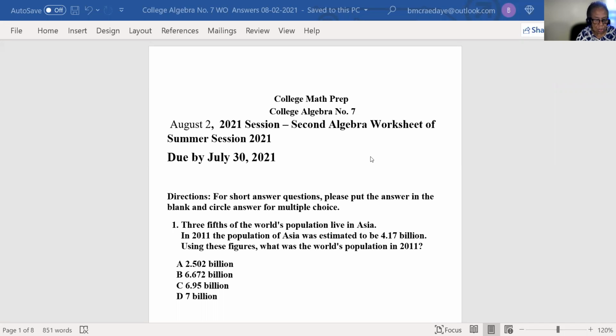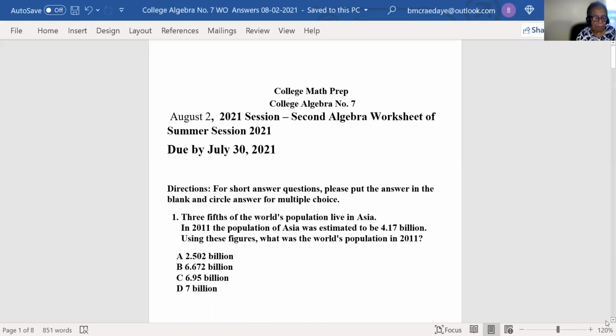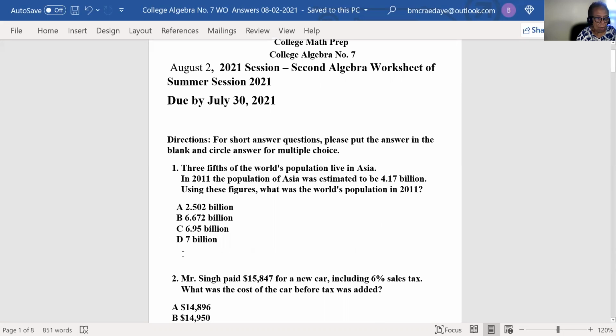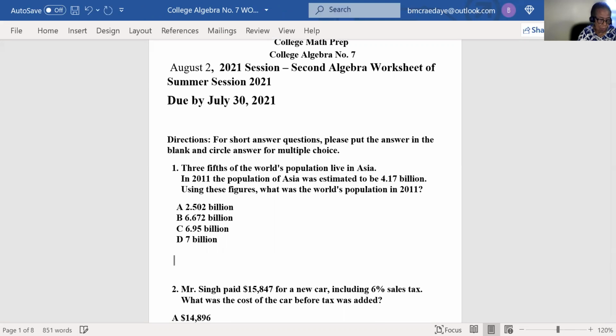Now, to solve this problem, you have to use what they gave you. 3/5 of the population that live in Asia is estimated to be 4.17 billion.